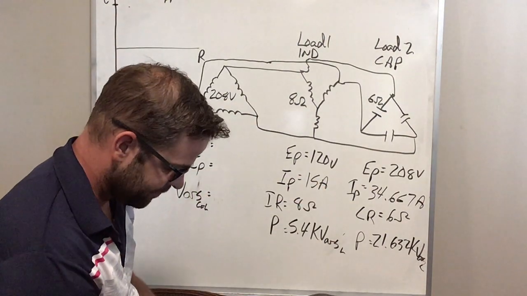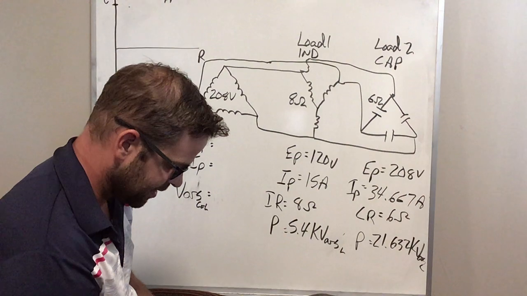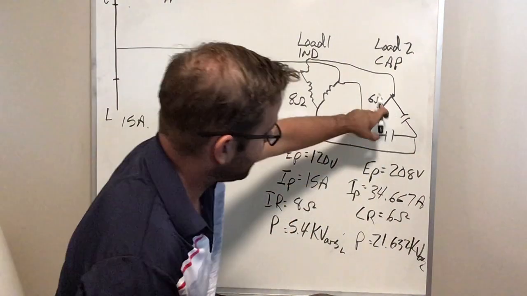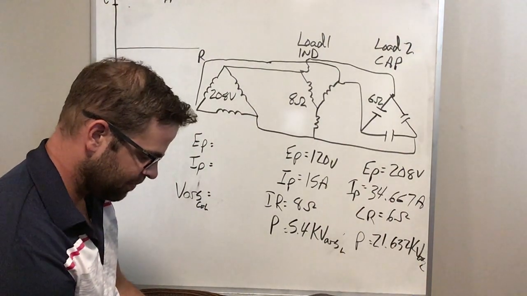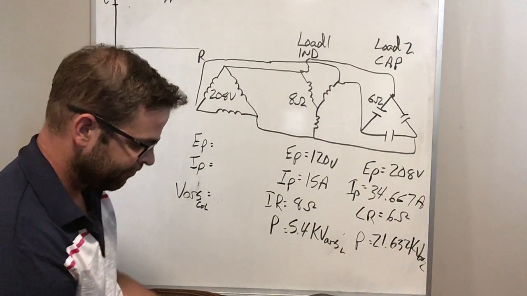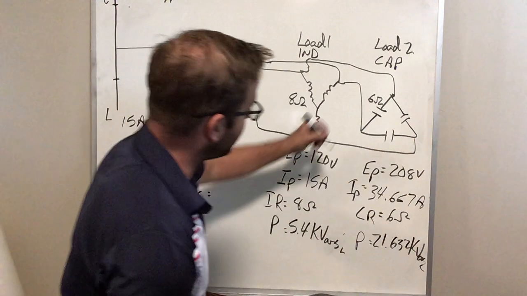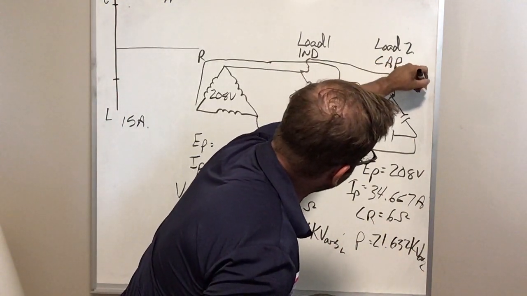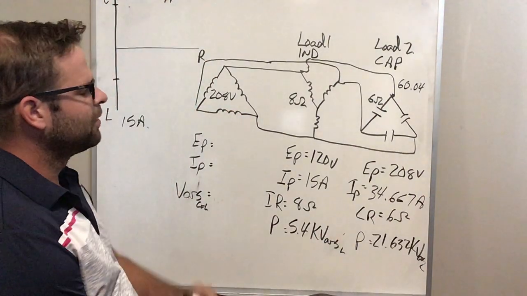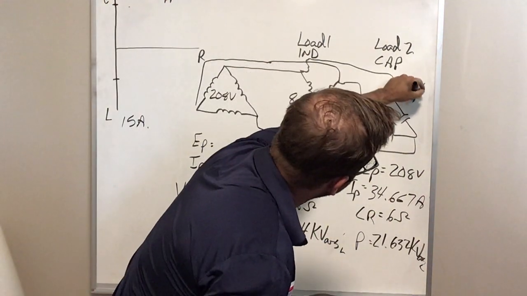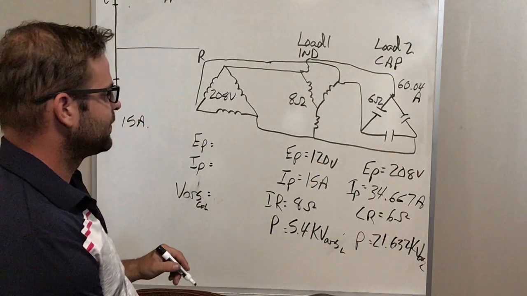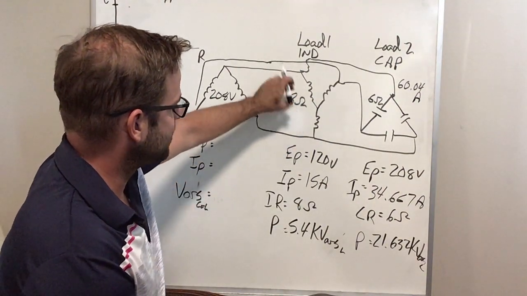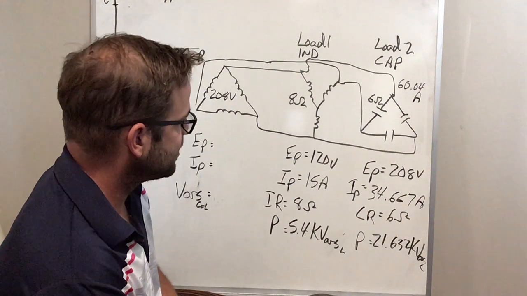So 34.667 times root 3, because there's two capacitive loads that use that up, so we multiply it by 1.732 or root 3, and we get 60.04 as our line current. However, this one, because it's in Y, the current is the same in the line as it is in the phase.